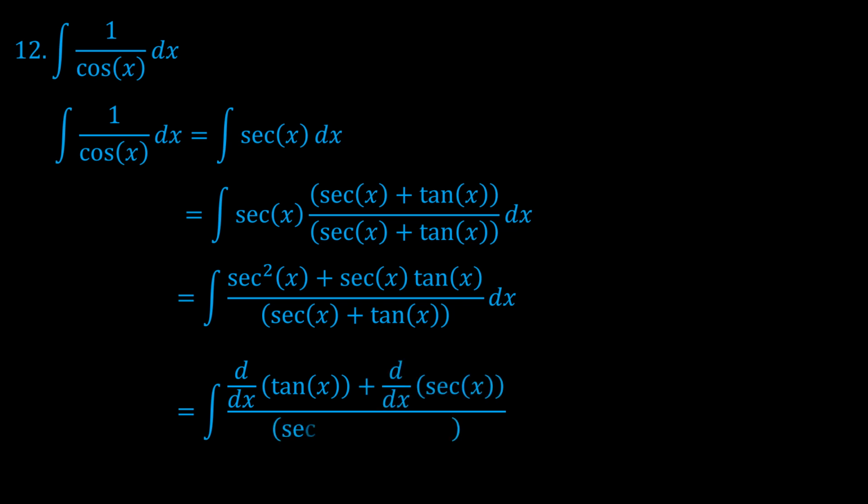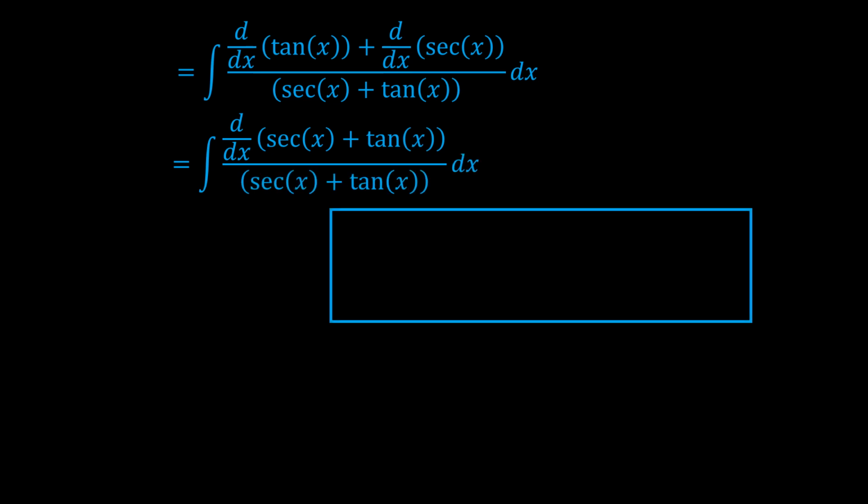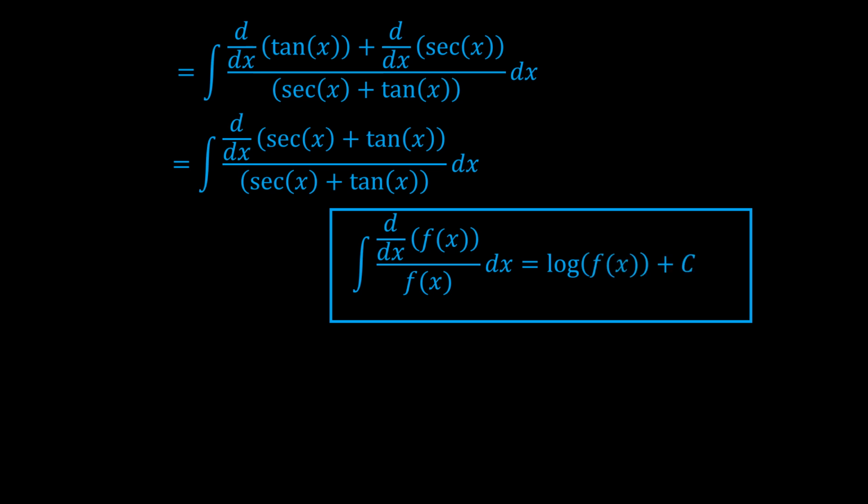And what you're quickly seeing is that the numerator here is the derivative of tangent of x plus secant of x. So the numerator is the derivative of the denominator. And for those of you who are very familiar with integration, when you have an integral where the derivative of the function is the numerator and the function itself is the denominator, then the integral of that expression is the natural logarithm of f(x) plus c.